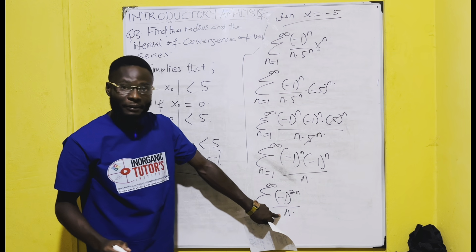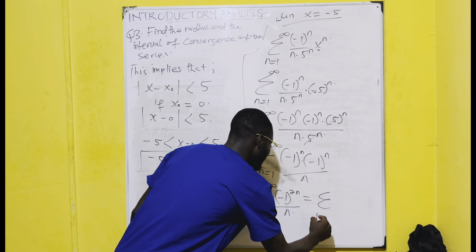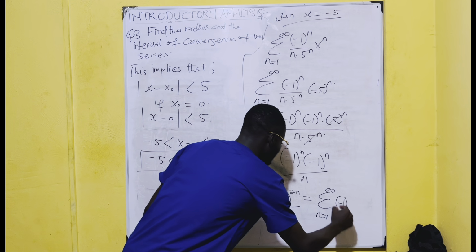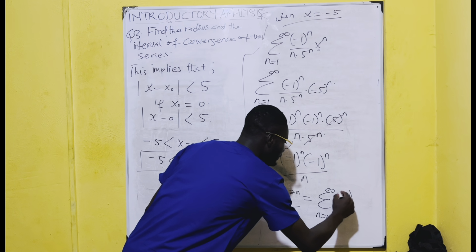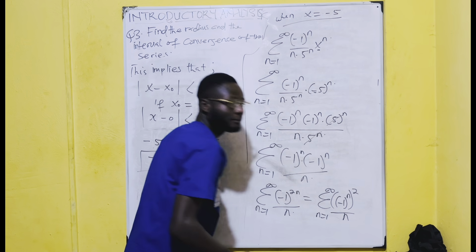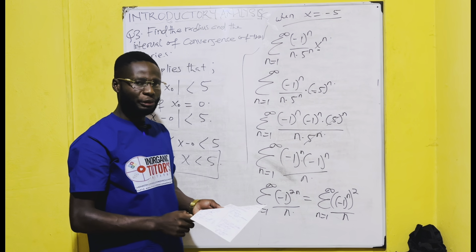Now, this expression we have right here is the same as summation n equals 1 to infinity of -1 to the power n all squared divided by n. This expression is the same as this. Beautiful.